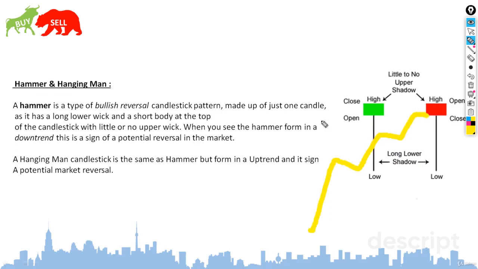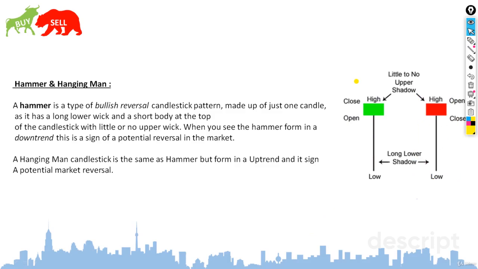The hammer and the hanging man are the same candles, but we change the name depending on the trend. If the trend is an uptrend and we find this candlestick at the top, we name that a hanging man. If it's a downtrend, we name that a hammer. It's a sign of a potential market reversal.